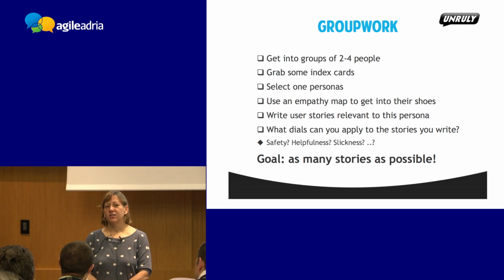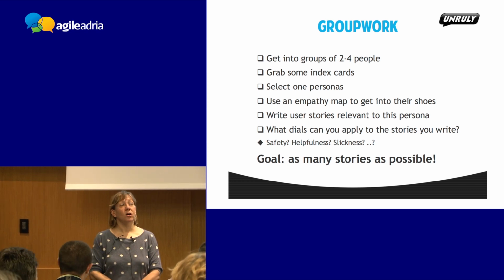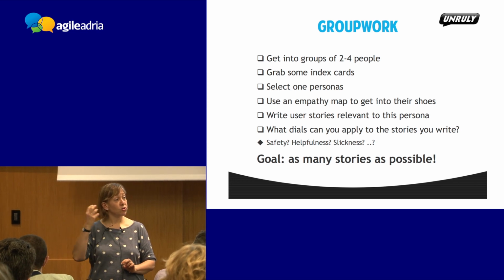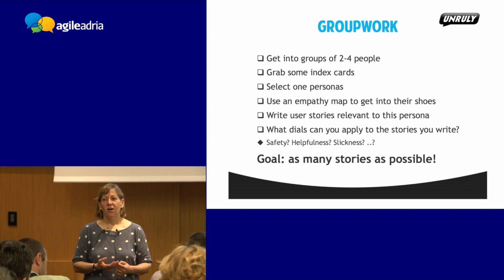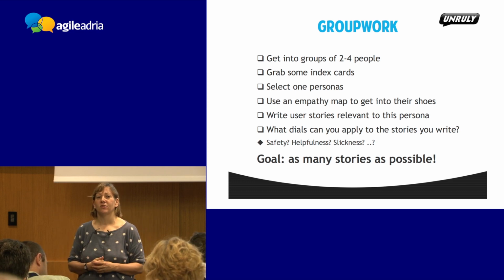So can I ask you, is there a story that, because you did the empathy map first, you thought of, that you probably wouldn't have thought of normally? Can I have a few who will be willing to read one of those stories out?